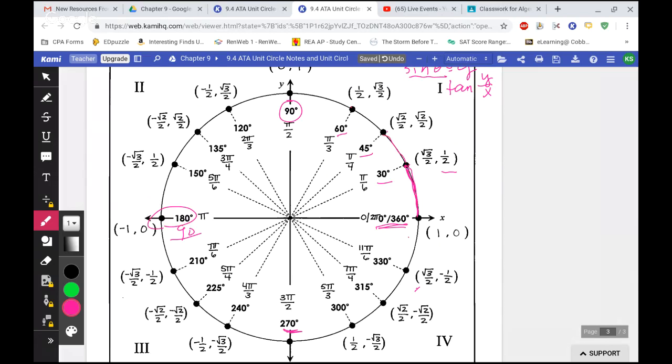So these are all increments of 15, which when you get into radians, you're going to see is a pi over 12 measurement. But we'll break that down when I do radians in Tuesday's lab. So once you do that 15, 15, then when you get to 60, you jump 30 to 90. Then you jump 30 to 120, and then these are 15. Does that make sense? Yes.